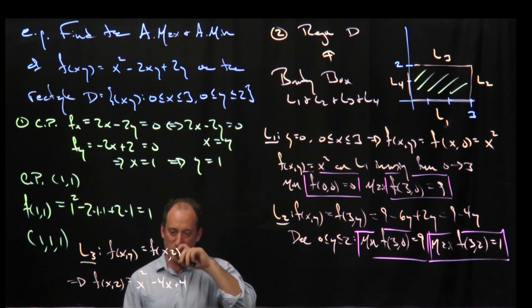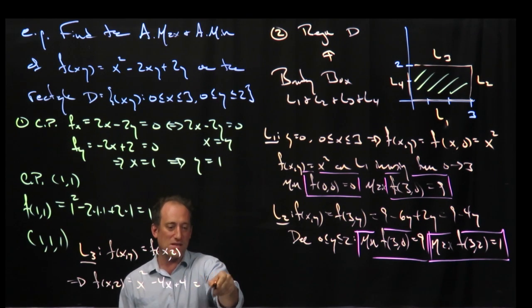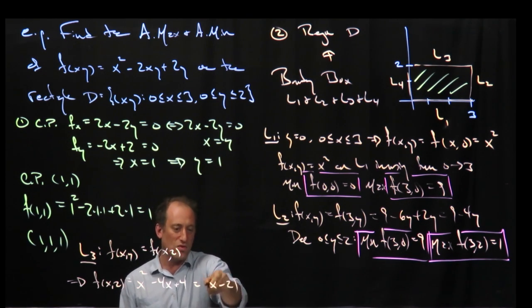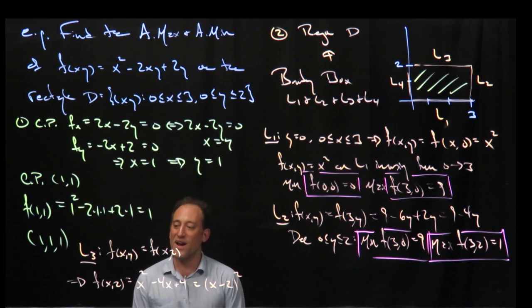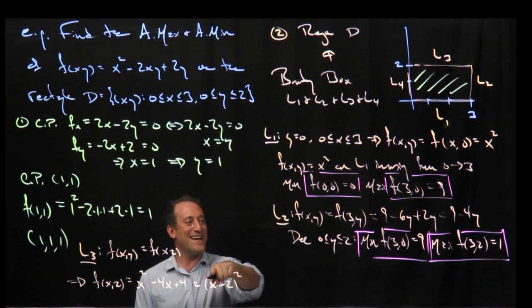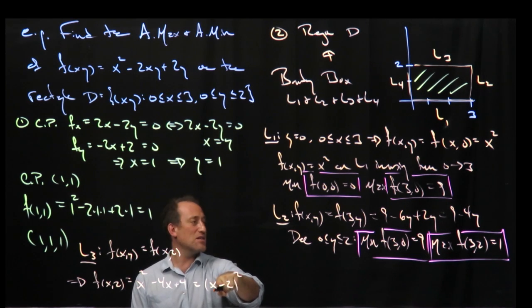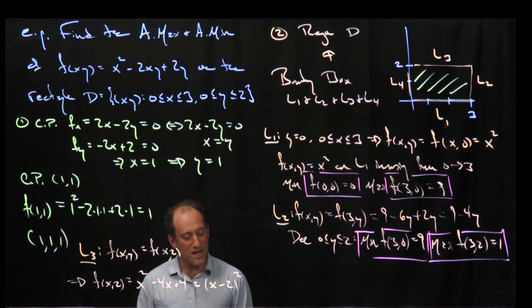One of which is to realize that this is x minus 2 quantity squared in disguise. That tells me that I'll have a min at 2, and then afterwards I'll have to test the endpoints for maxes.